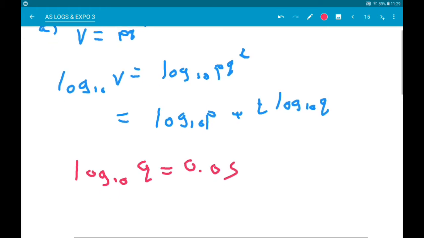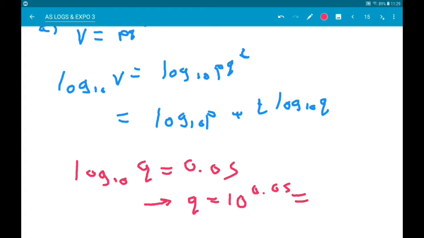Now that then tells us Q is 10 to the 0.05. Now that to 4 sig figs is 1.122.